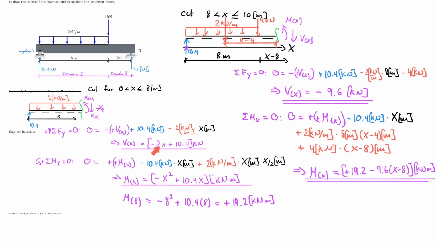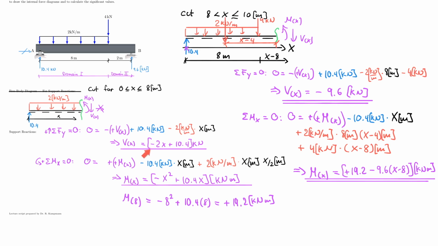And if I, for example, plug in 8 here for x, then I have minus 16 plus 10.4. And that is effectively minus 5.6. And here I have minus 9.6. So that means here we are already at 8 meters passing through 0, or we already passed 0.